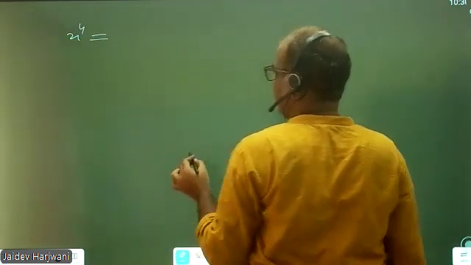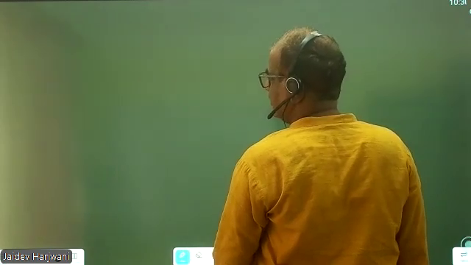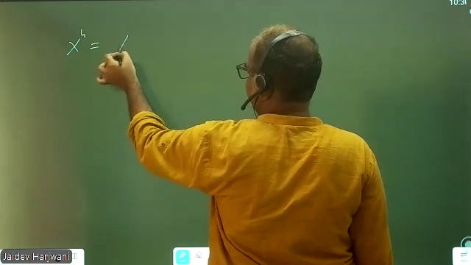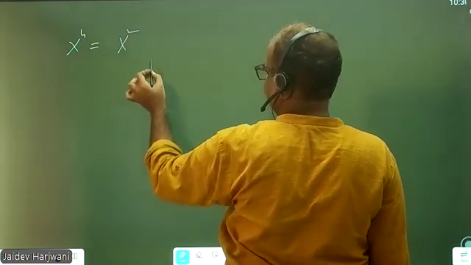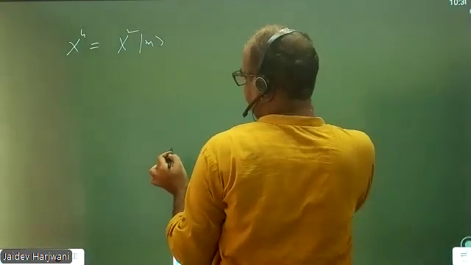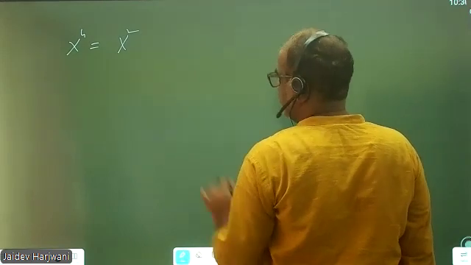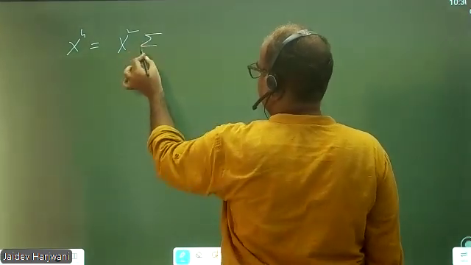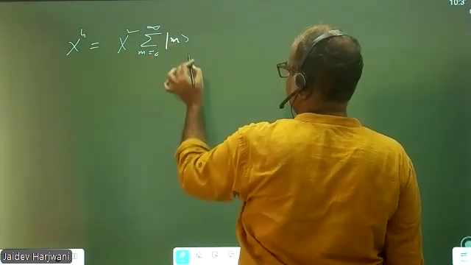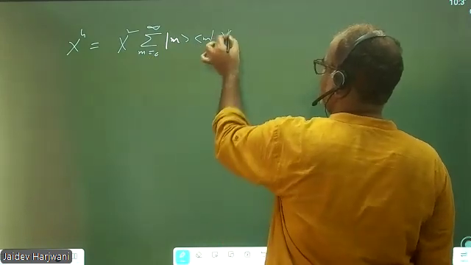Now, how can I write x⁴? I can write x⁴ as x², multiplied by the summation over m from 0 to infinity of |m⟩⟨m|, then x².